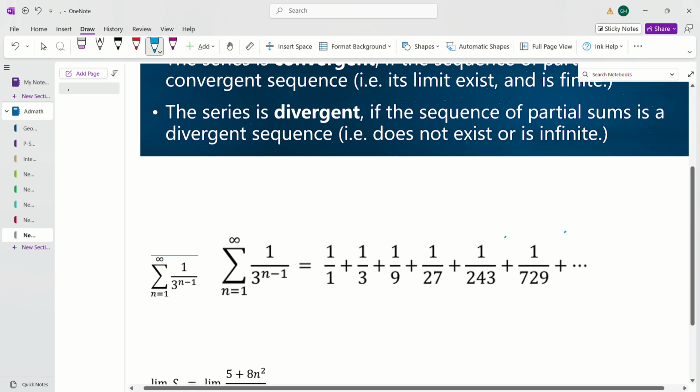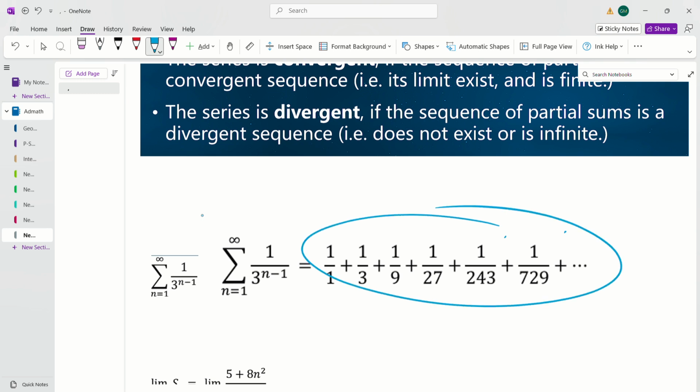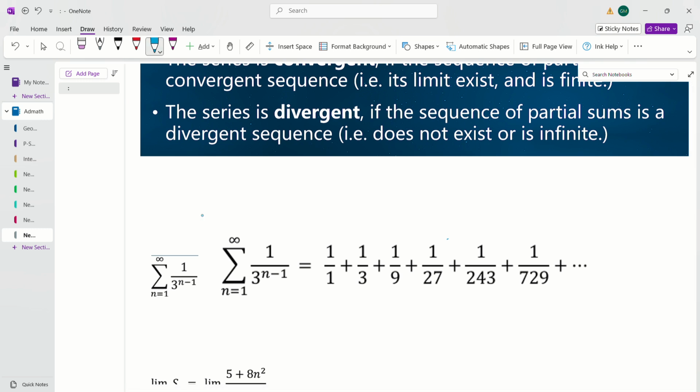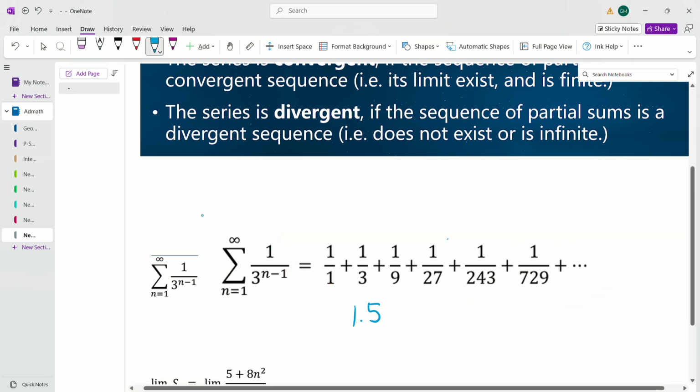If we try to sum these few terms, it is approaching 1.5. If you try to get the summation of this series, it is approximately equal to 1.5.